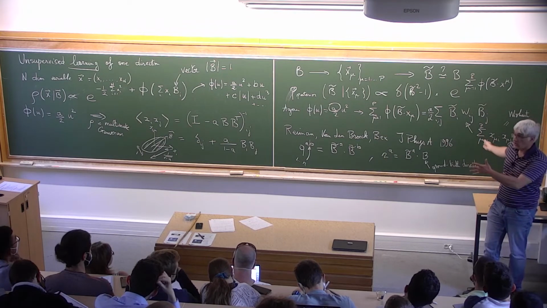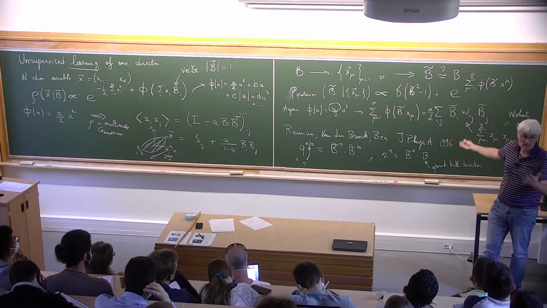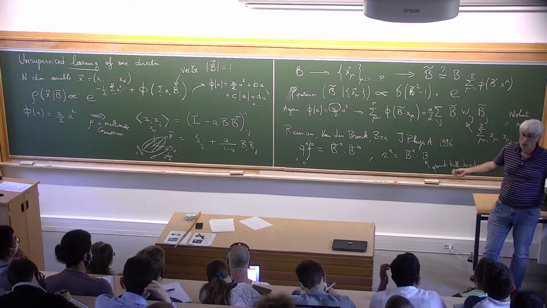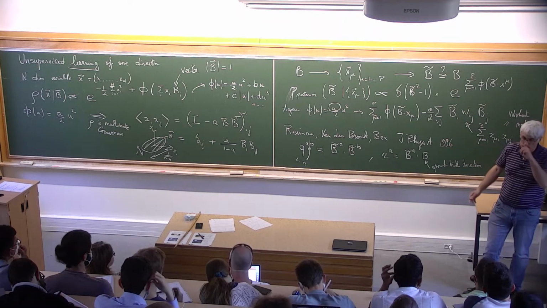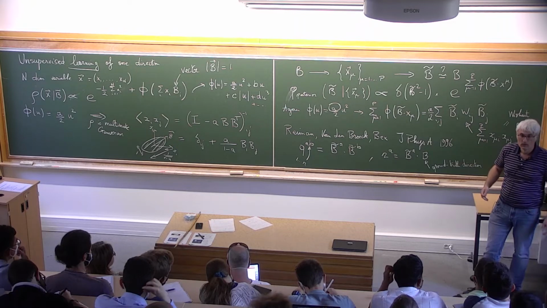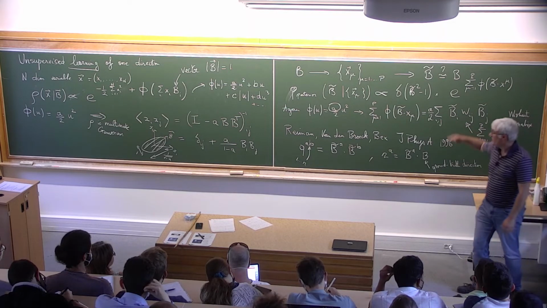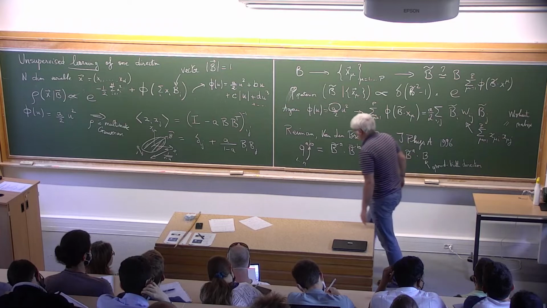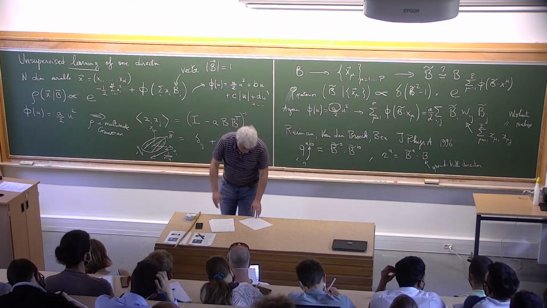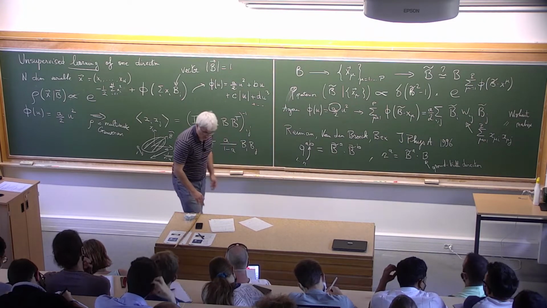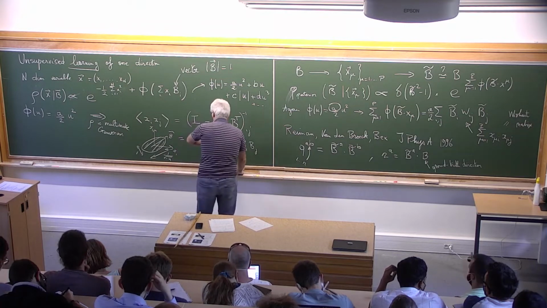So again, we can do the calculation very easily and you find an entropy which is given by the log of a determinant of a matrix which depends on Q_ab, on R_a and R_b. Okay? So you can go to the paper to see the details. But conceptually, it doesn't change anything. Okay, so I just want to sketch the results.